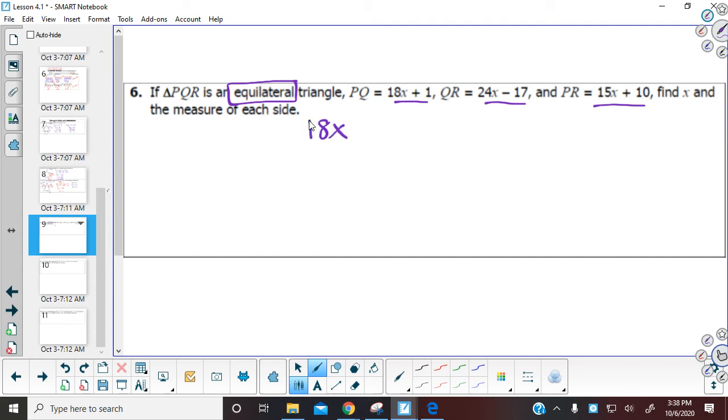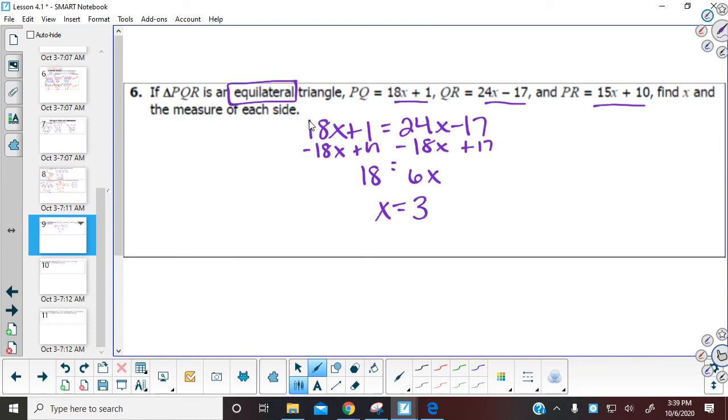So if we do 18x plus 1 equals 24x minus 17, and then I solve, I'm going to get 6x on this side, add 17, so I get 18 equals 6x, my x is 3. But again, it asks us to find the measure of each side. So if I plug in 3 up here, here, and here, 18 times 3 plus 1 gives us 55.